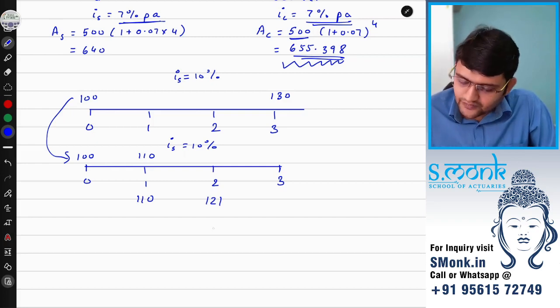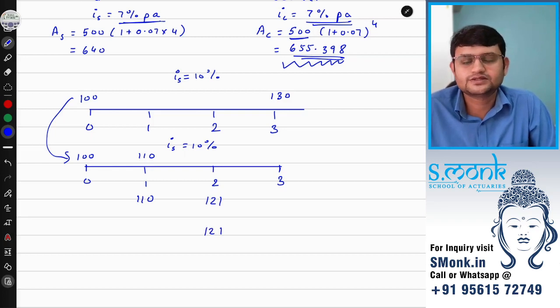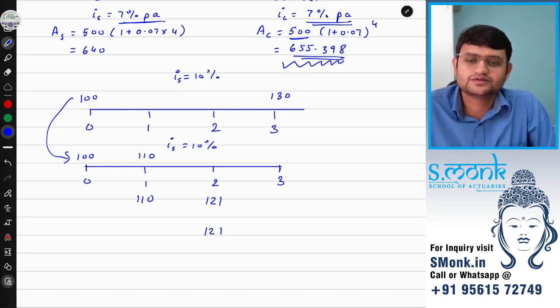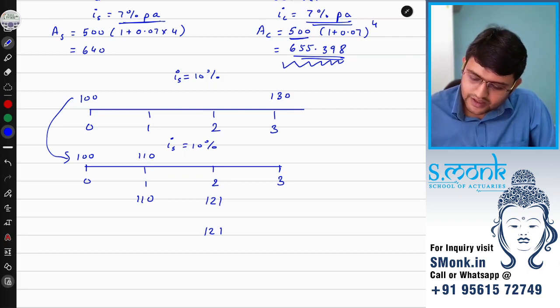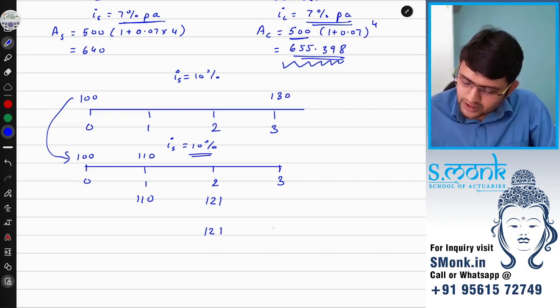And then I take that 121 rupees and lend it to somebody else, again for only 1 year. 10% interest on 121 is going to be 12.1. So the total amount that I will receive is going to be 133.1.